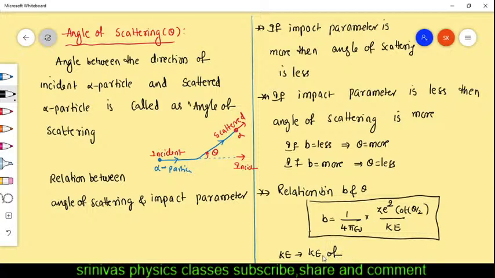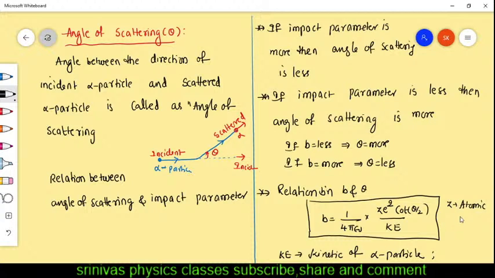The alpha particle is initially thrown with some velocity, and that is its kinetic energy, Ke. Z is the atomic number of the target, that means the alpha particle is projected towards a target atom, its nucleus.